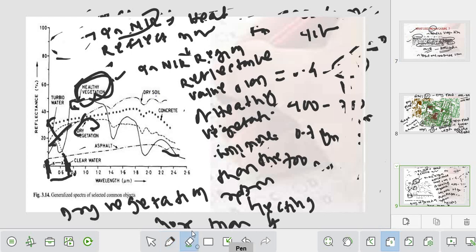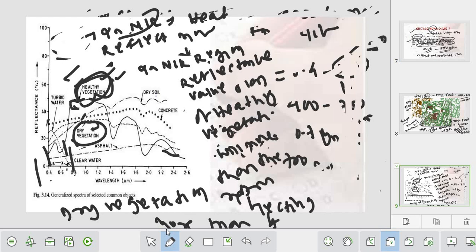Am I right or wrong? In the visible portion. But at the same time, in the NIR part, healthy vegetation reflects more than the dry vegetation.